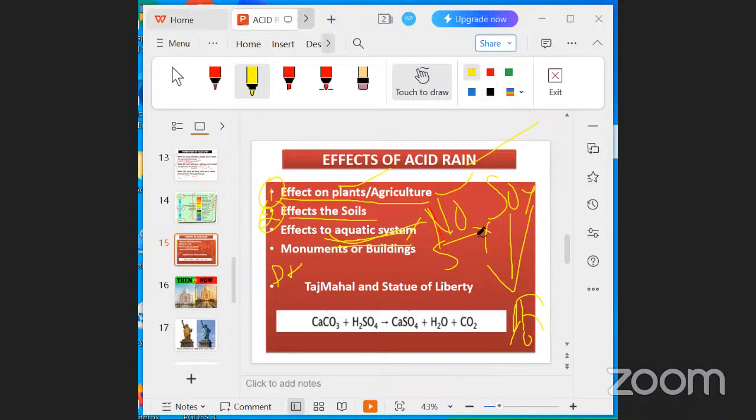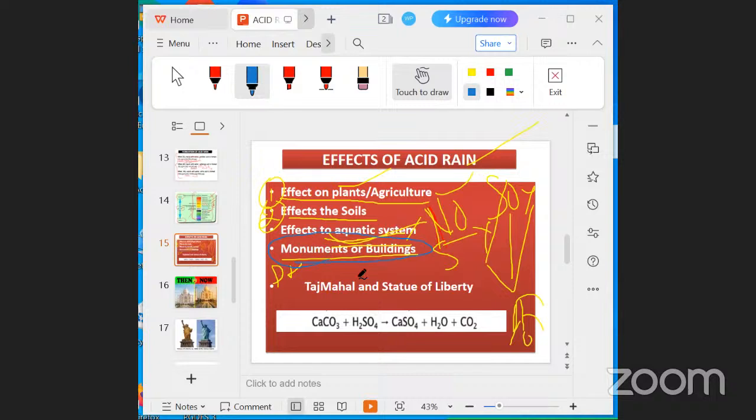And last one is monuments or buildings. Acid rain on these buildings, especially those constructed with limestone.